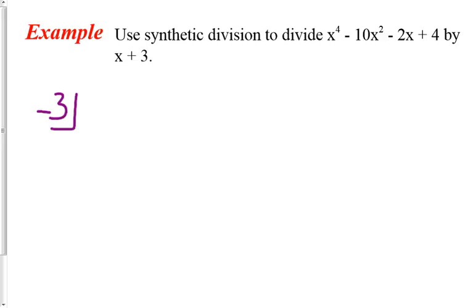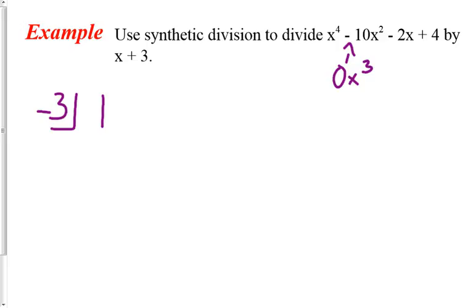Now I need to list the coefficients in the numerator. So my x to the fourth coefficient is 1. Now when I'm reading x to the fourth minus 10x squared minus 2x plus 4, there is no x to the third term. Well, there is actually one stuck right in here. We just can't see it because it is 0x to the third, which in fact equals 0.